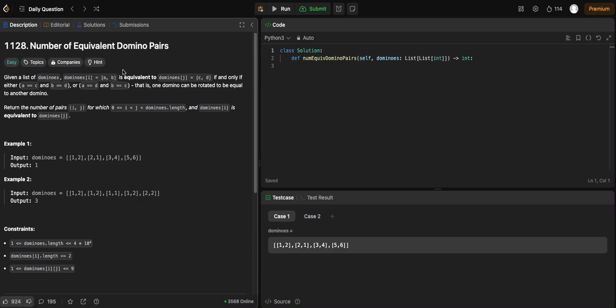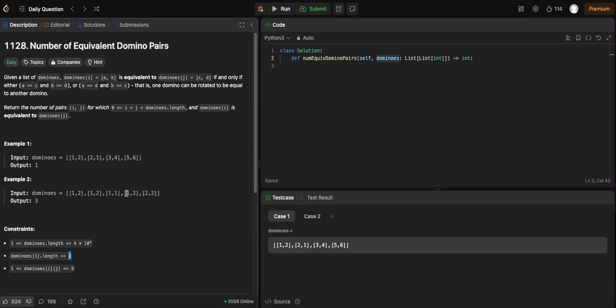So we have an AC today and it's one of those domino questions as well. So yeah, let's see what the question wants. So we have a dominoes list of ints. For each element it will be of length 2, and each value can be from 1 to 9.